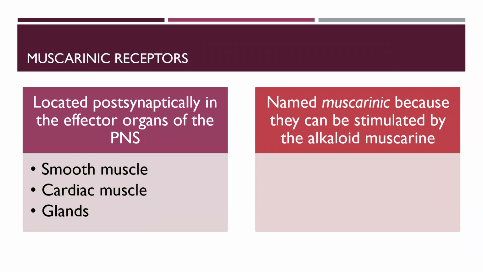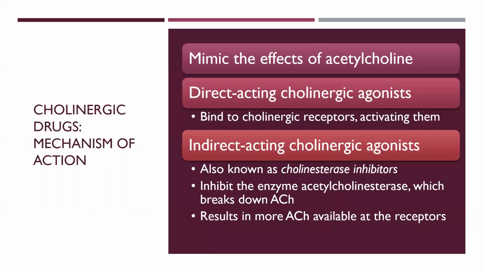The muscarinic receptors are located postsynaptically in the effector organs of the PNS, so things like the smooth muscles, cardiac muscles, and glands. And they're named muscarinic because they can be stimulated by the alkaloid muscarine.